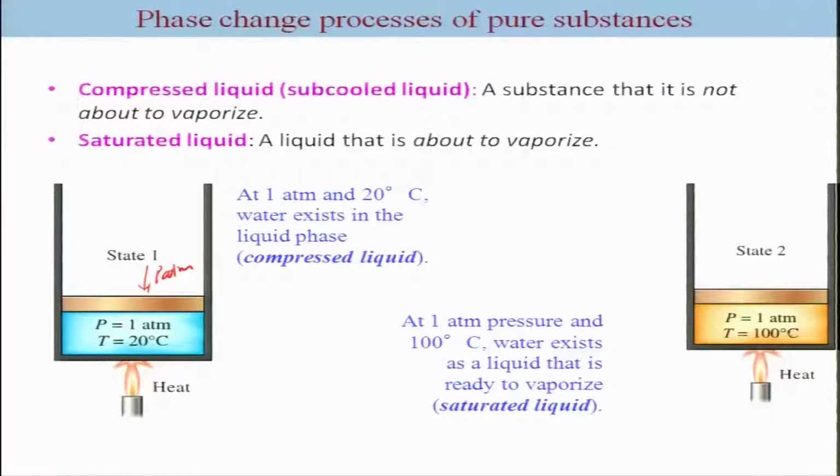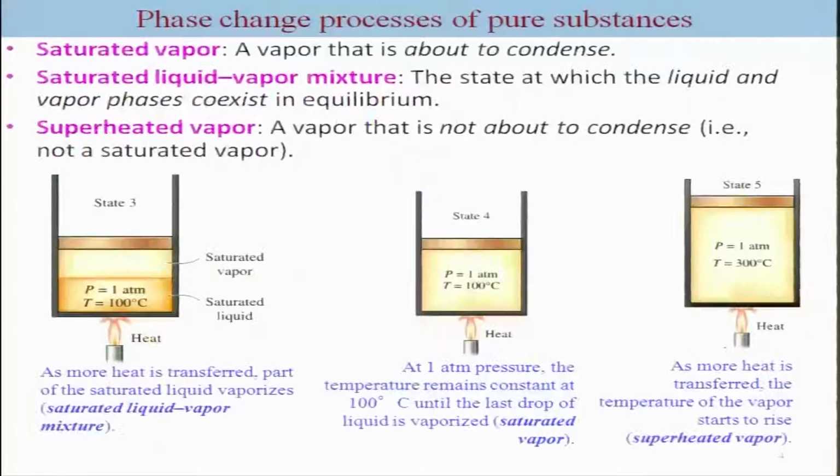At this point, the first few bubbles of vapor are formed; in other words, the liquid starts to vaporize. At this condition, the liquid is saturated, and it continues to vaporize until it completely vaporizes, that is in state 4. The intermediate state, state 3, is where a certain part of the liquid has vaporized.